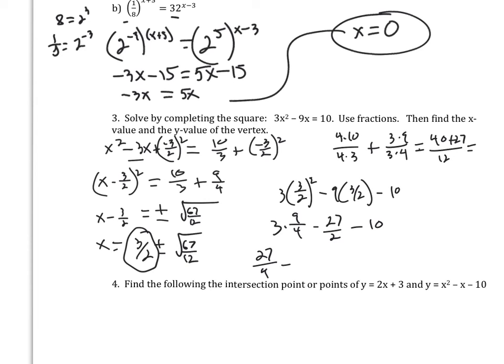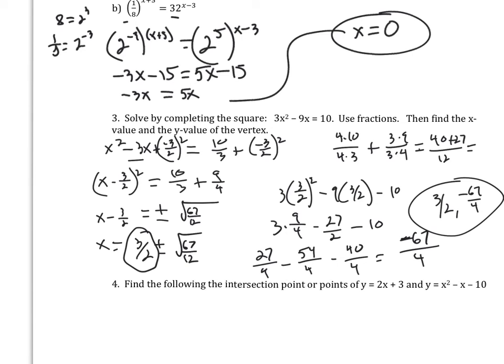I'm going to change this to negative 54/4 minus 40 over 4, which is going to give us negative 67 over 4. So that's our vertex, 3/2, negative 67 over 4.